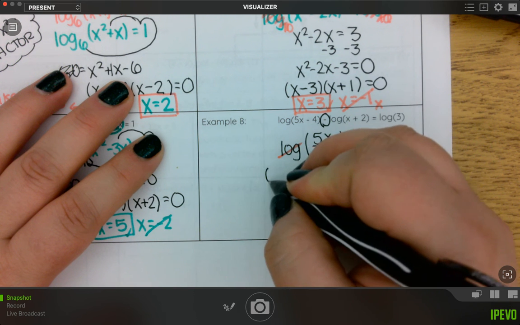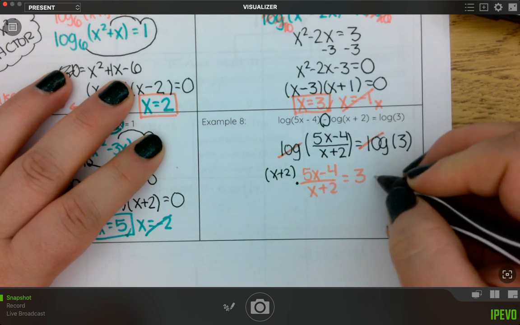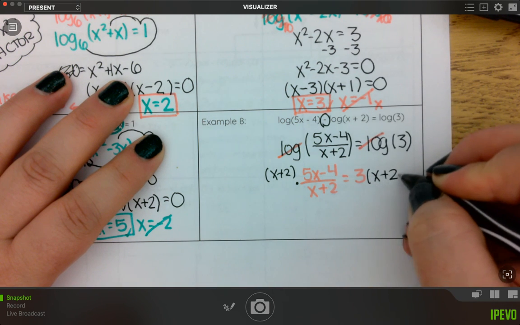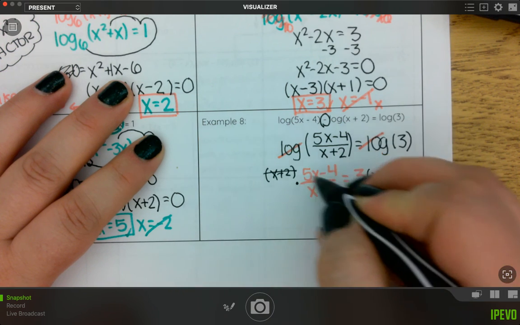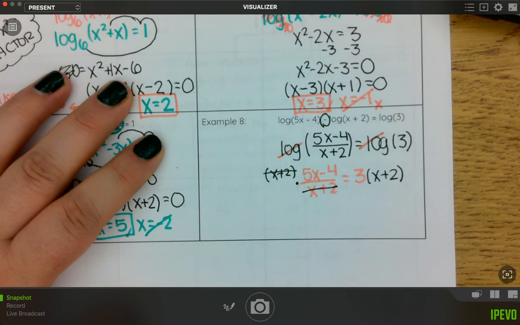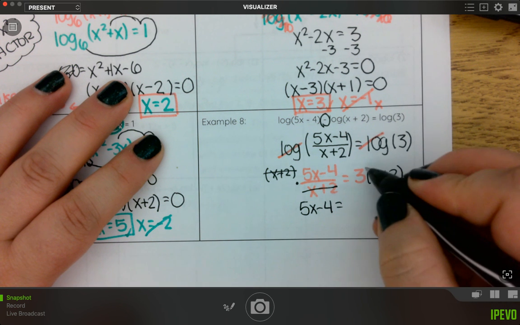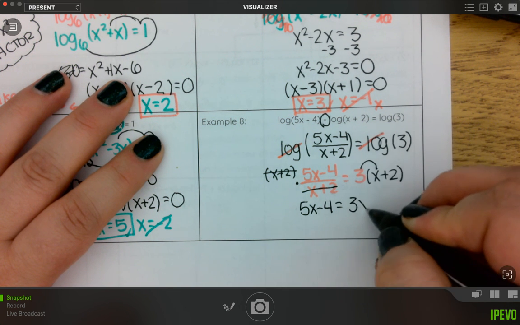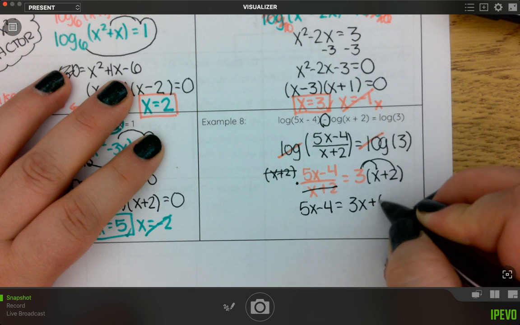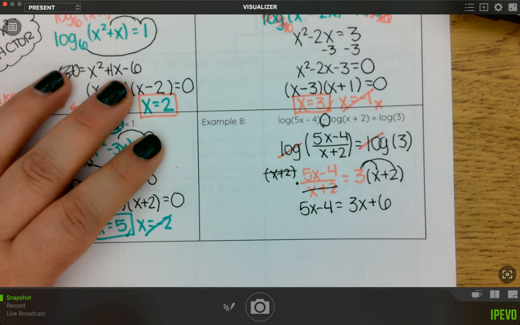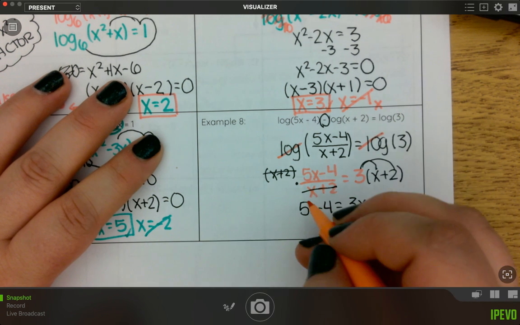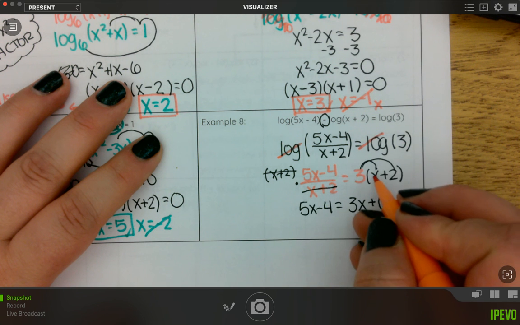I need to multiply by x plus 2 on both sides so that this one and this one cancel. And I get 5x minus 4 equals 3x plus 6. And you are now back to a regular equation. So just take this and multiply it to the other side, basically.